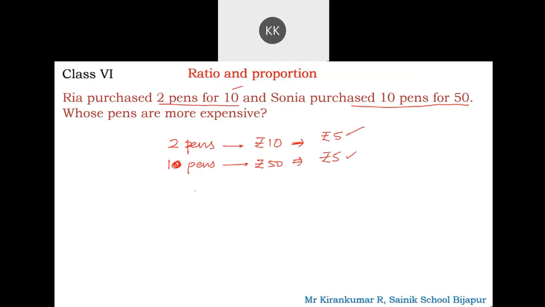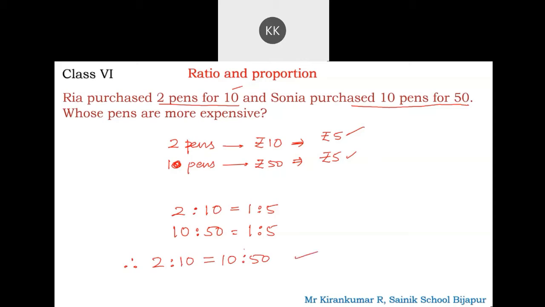If I take it this way, 2 pens to 10 pens, we get 1:5. With 10 rupees to 50 rupees, we get 1:5. So I can say that 2:10 is equal to 10:50.